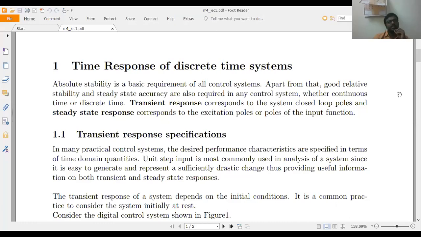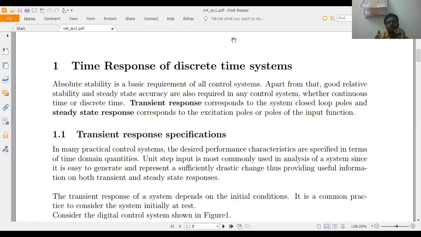While talking about the specifications, let me discuss what a transient response and a steady state response are. The transient response mainly concerns the closed loop poles of the system.